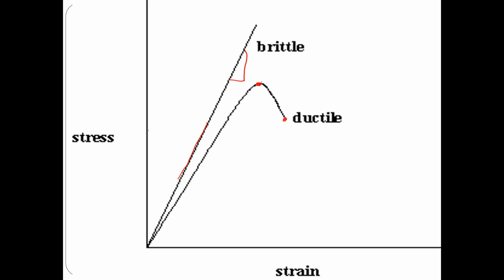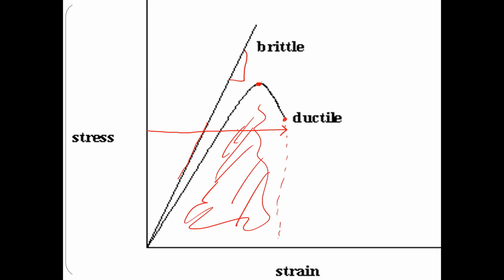We have how much ductility we have by how far our component stretches or strains. If I take the area under the curve here, this is the toughness of the material. So this really represents our mechanical properties.